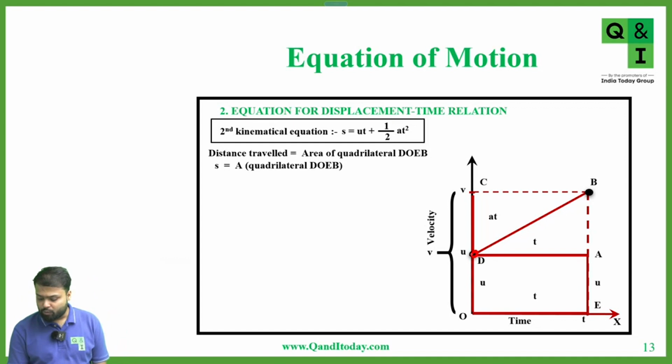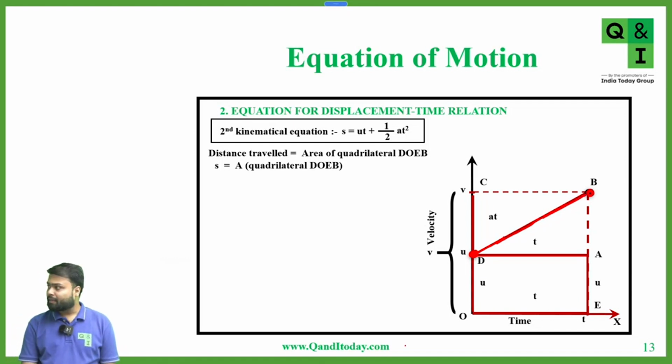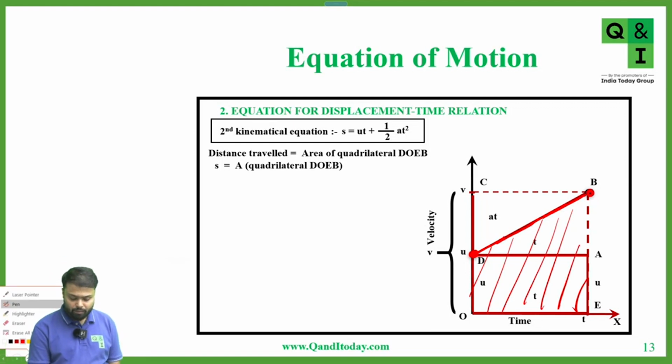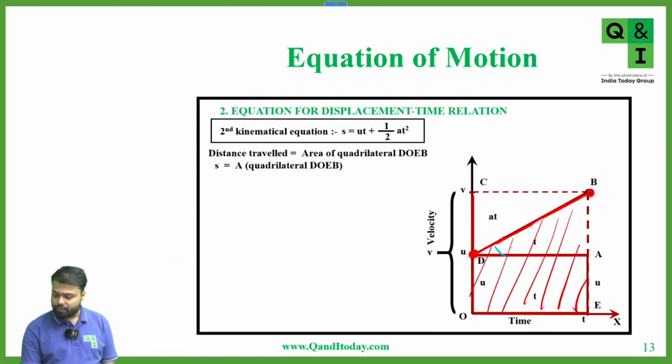If the body is going from point D, now the graph is D to B. Okay, this is the graph. Yes or no? And we want to calculate the area under the graph. So this is the area we want to calculate. Now I'm dividing this area into two parts. First one is this triangle, and the second one is this rectangle.